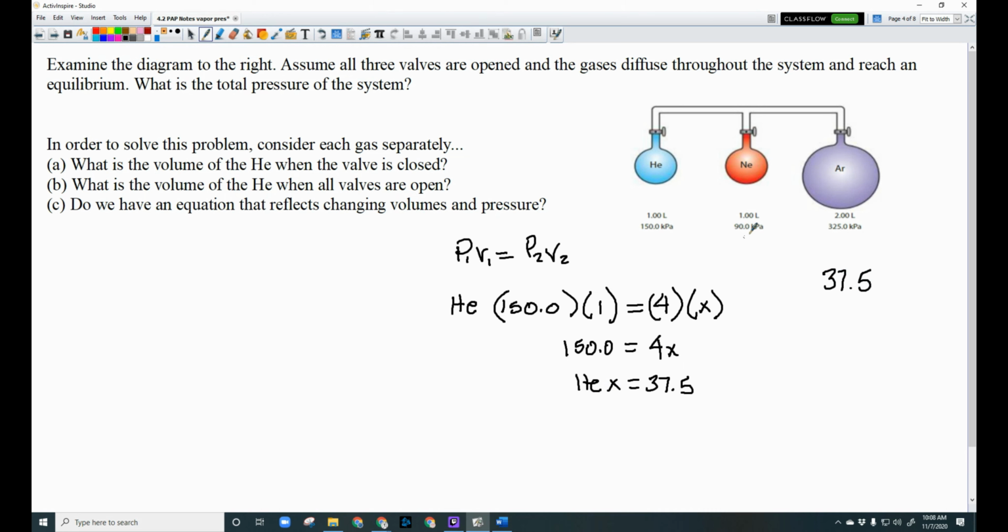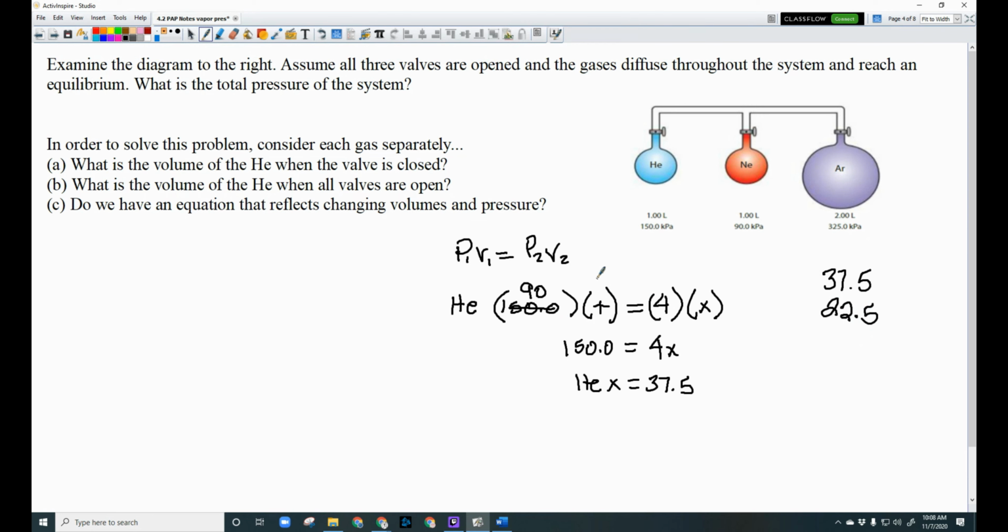Now, if we do the same thing here for the neon, instead of 150, let's substitute in 90 because it's 1 liter. So that's going to be 90 divided by 4. That's going to give us 22.5. And finally argon.